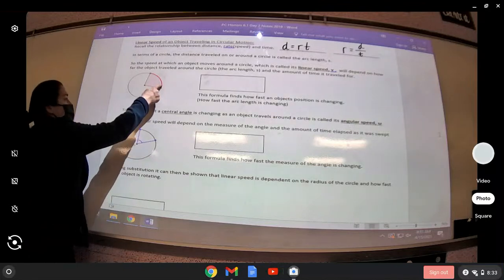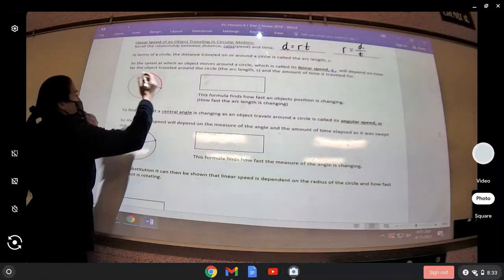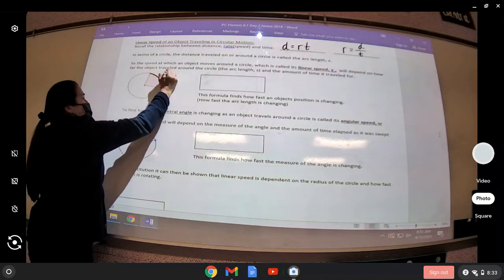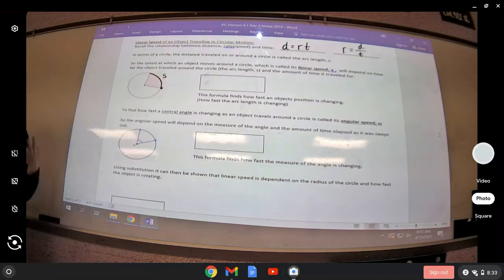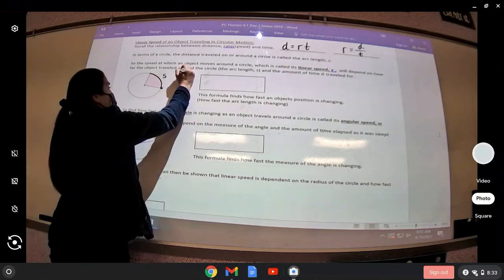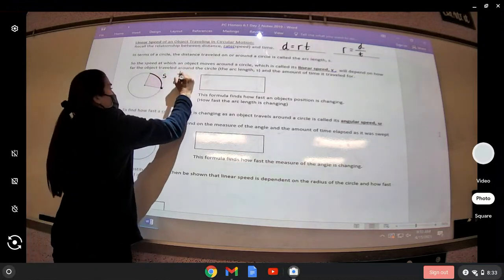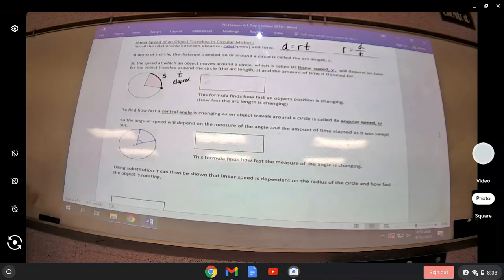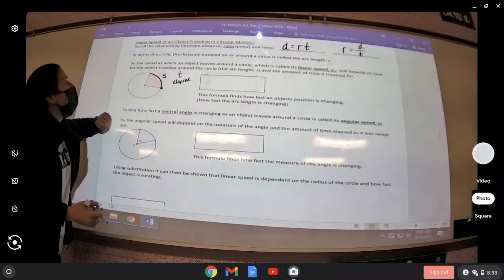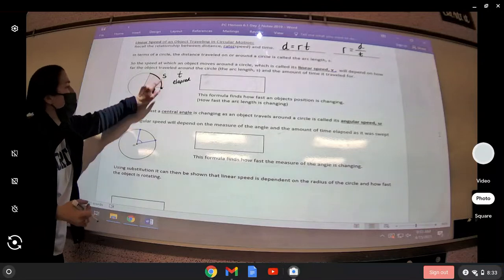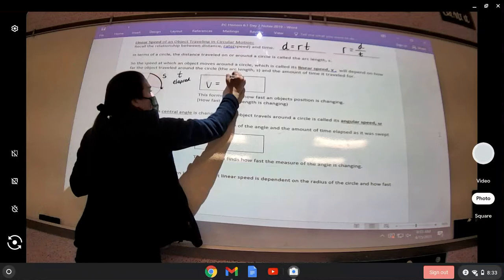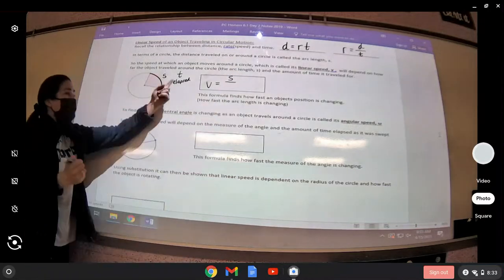Let's say the object started here, it travels, that's how far it got, so its distance is S, and then the question is, what time elapsed? How much time did it travel for that distance? So its linear speed, V, will be equal to how far it traveled, S, divided by how much time it took.